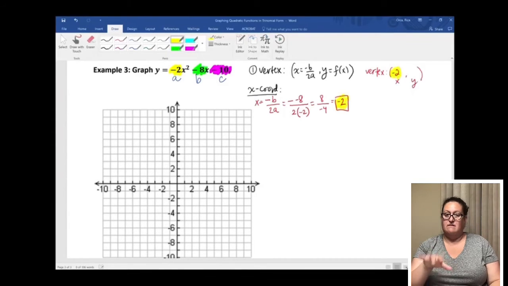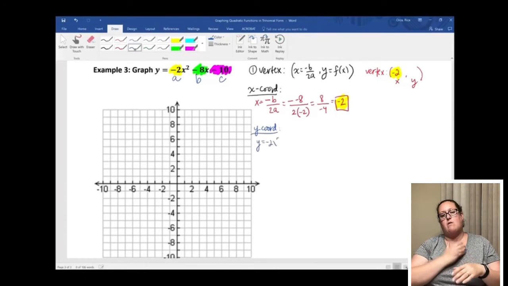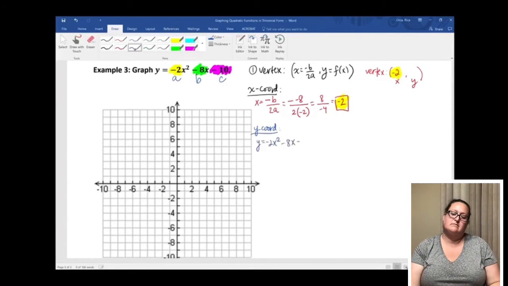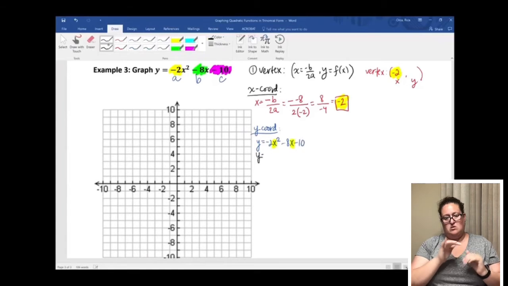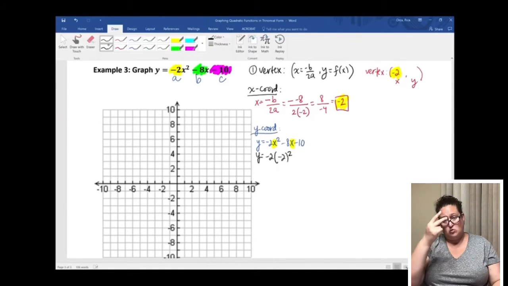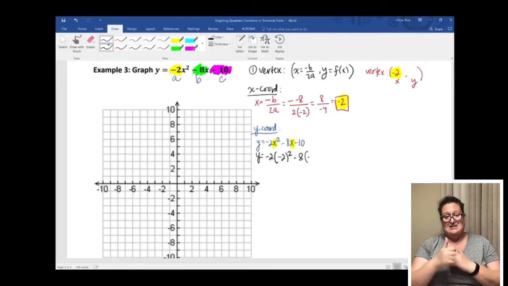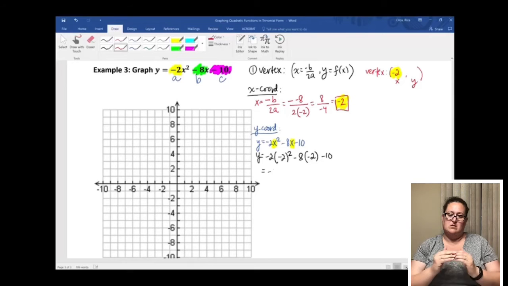Now let's find the y coordinate. For the y coordinate, we're going to take our x value and plug it into our function. Take the -2 and plug it into your x values. That's going to give us y equals -2 times -2 squared minus 8 times -2 minus 10.